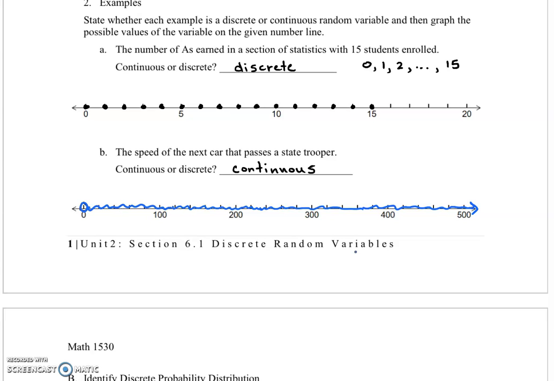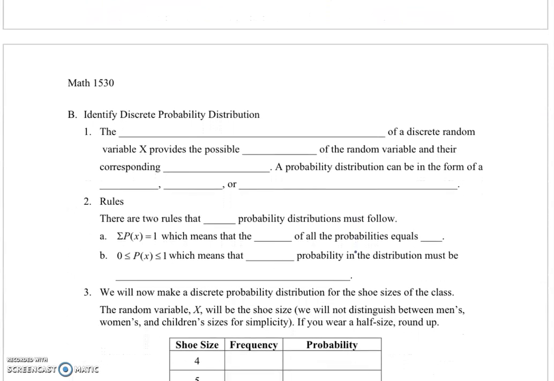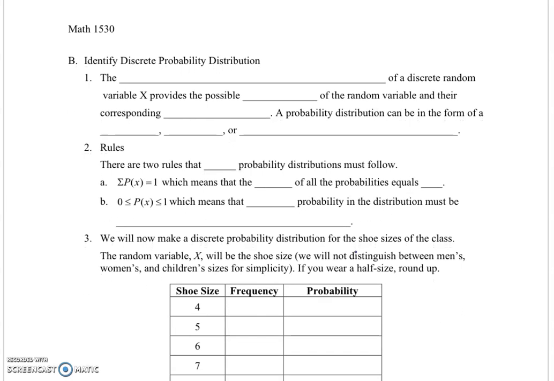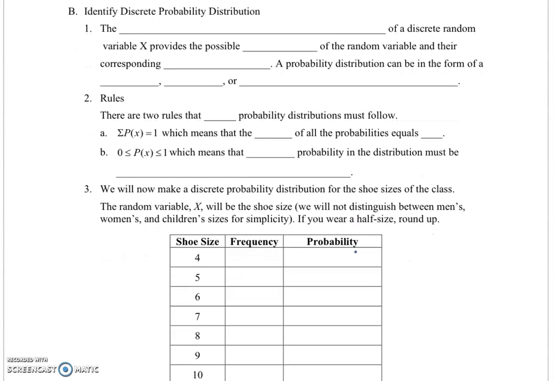All right, now that we've talked about the difference between graphing discrete and continuous random variables, let's talk about discrete probability distributions. We need to do some vocabulary, of course, as always, and we need to talk about what rules they have to obey.